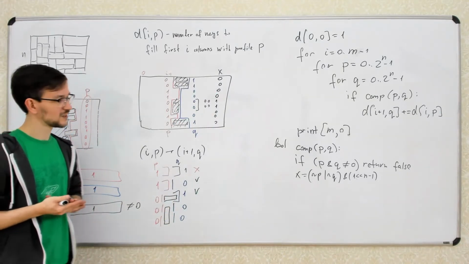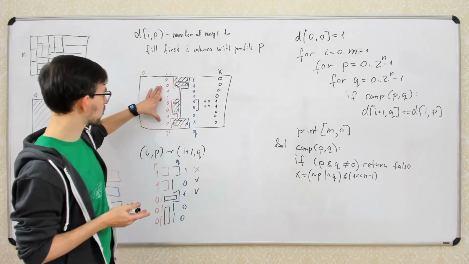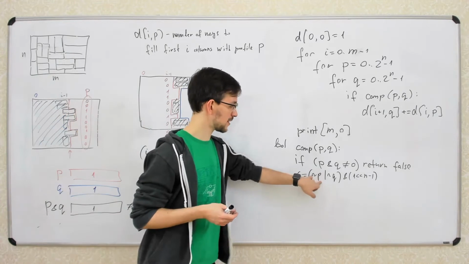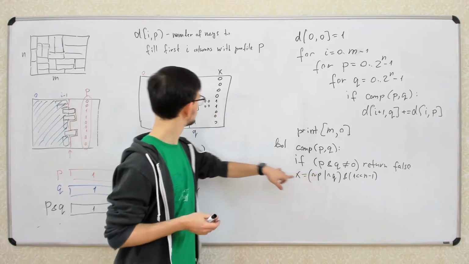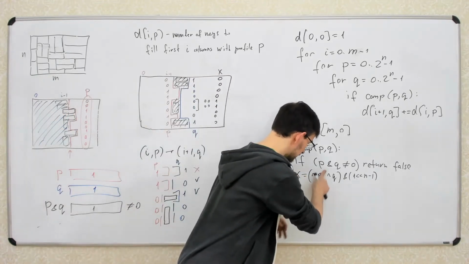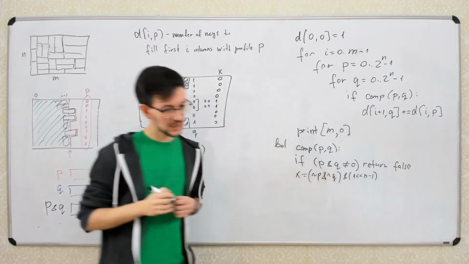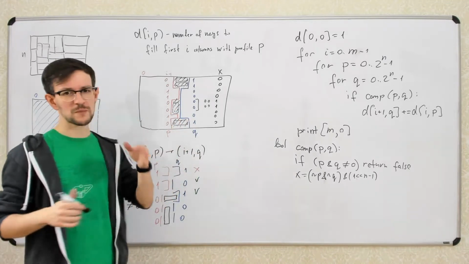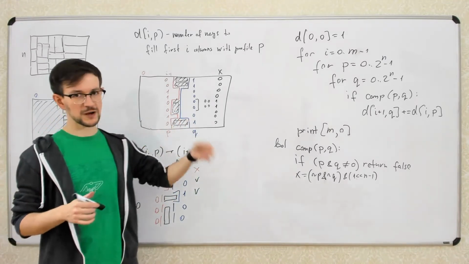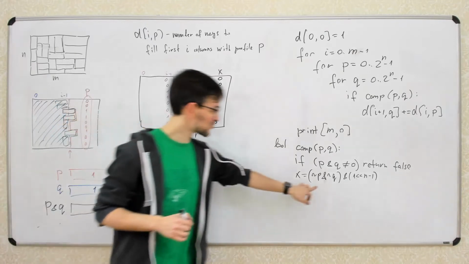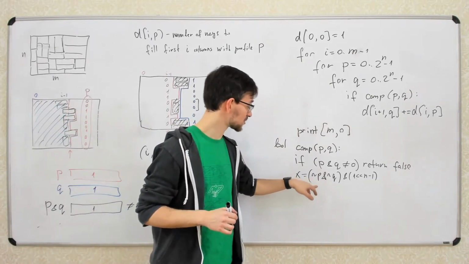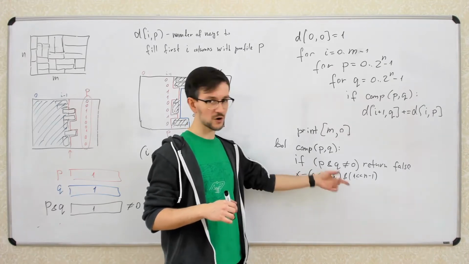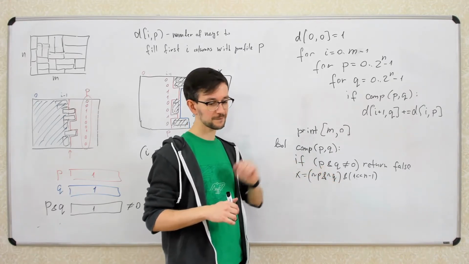That's fine. So I have all 0 bits here, all 0 bits here, and then I AND them. My bad. You may do the opposite: you may do OR and then make NOT. So instead of this you may write NOT (P or Q). It is the same thing, right?